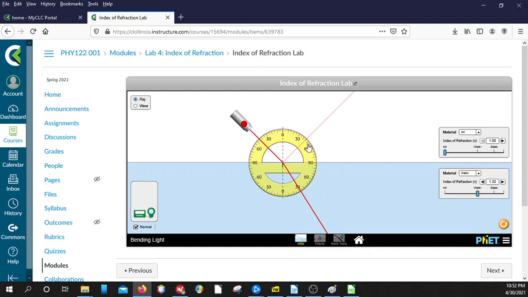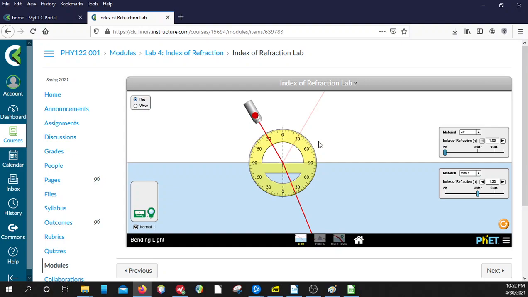Okay, that looks good. And so what we want to do is collect data. Theoretically, you could use this to find the index of refraction of water. You could just pick one angle, like say 30 degrees for the angle of incidence, and then the angle of refraction looks like around 22 degrees.